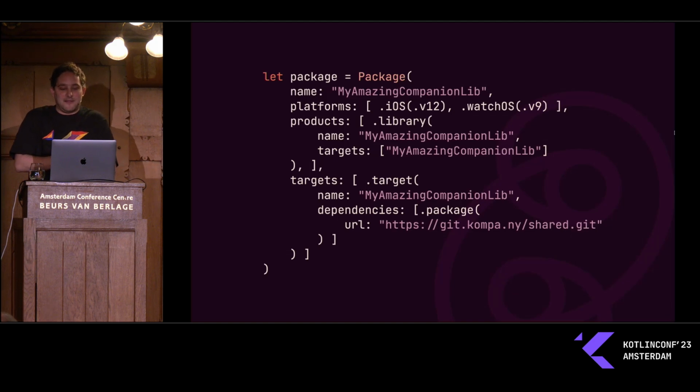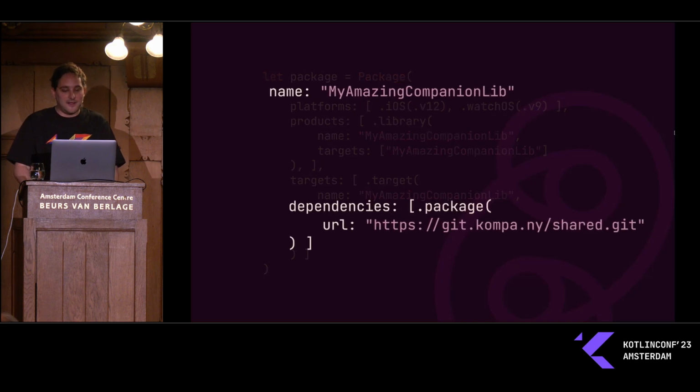And that means that the package that we provide now has a dependency, the dependency on the Kotlin Multiplatform XCFramework. So now instead of providing just an Objective-C framework to iOS developers, we can also give them a companion library and tell them, okay, this is the library which has been generated from Kotlin Multiplatform.